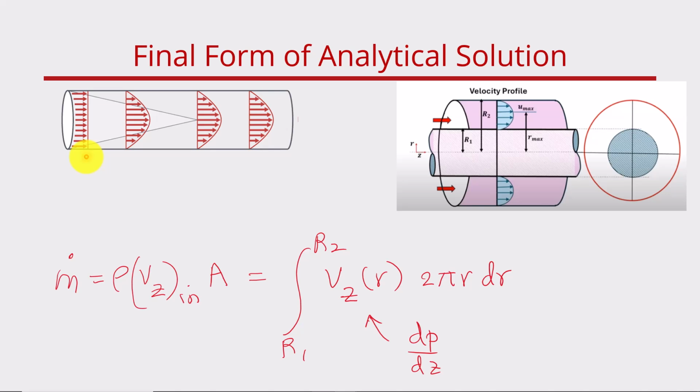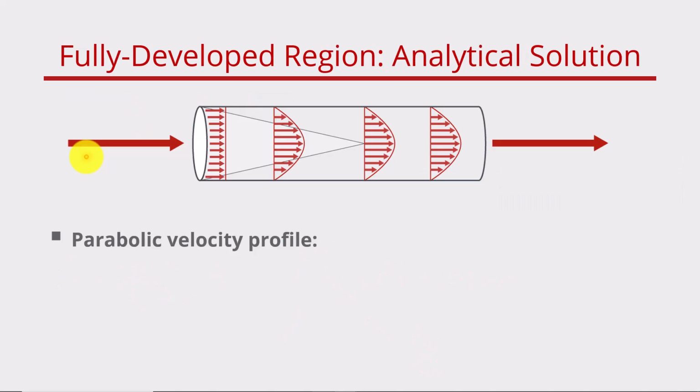If you do that for the cylindrical duct, I'll show you what the final result looks like. It looks very simple. This is the axial velocity, so this variation here over this inlet velocity is just given by that.